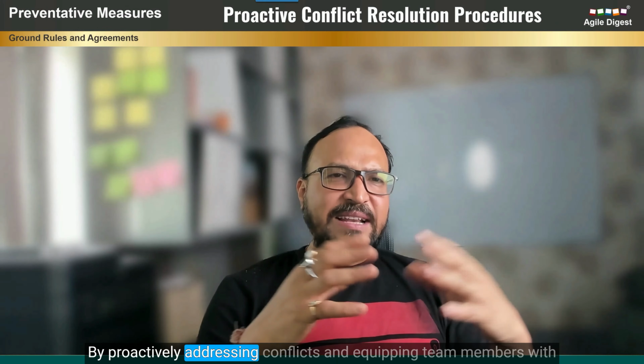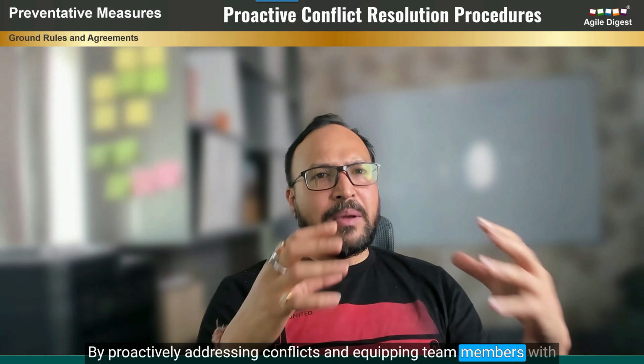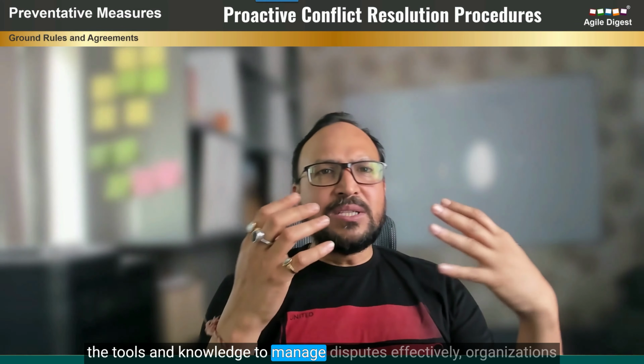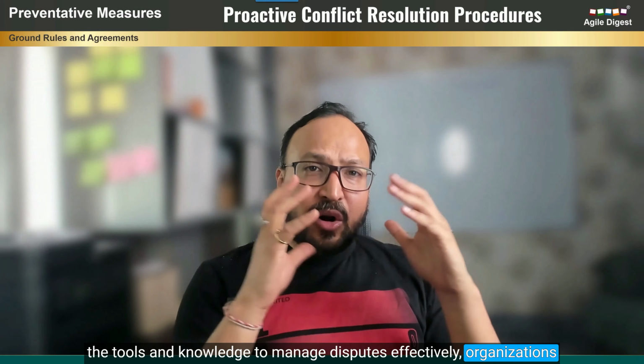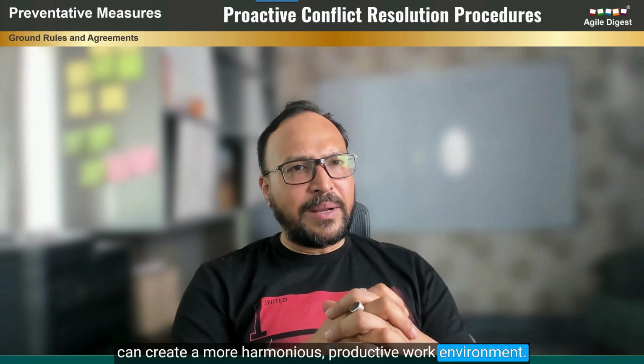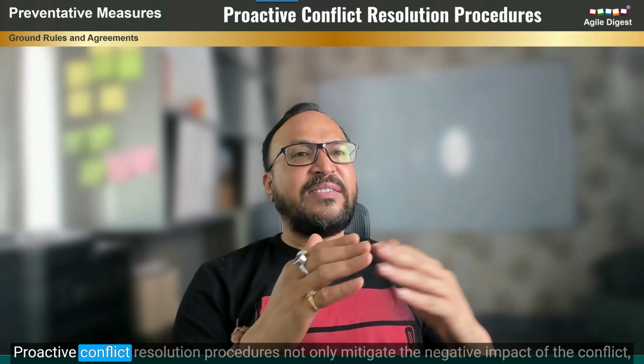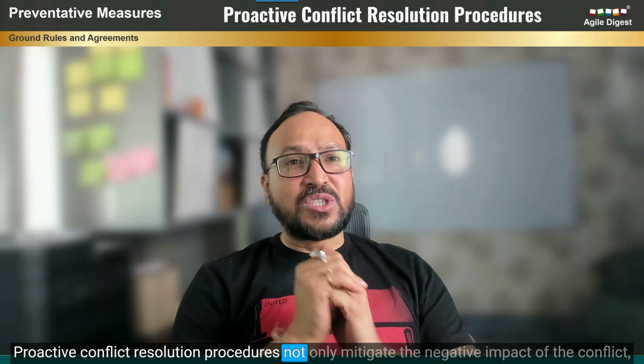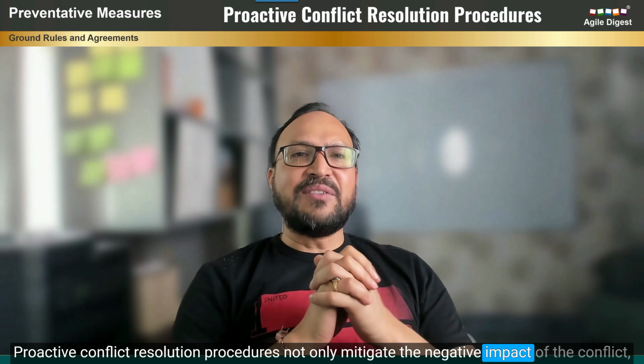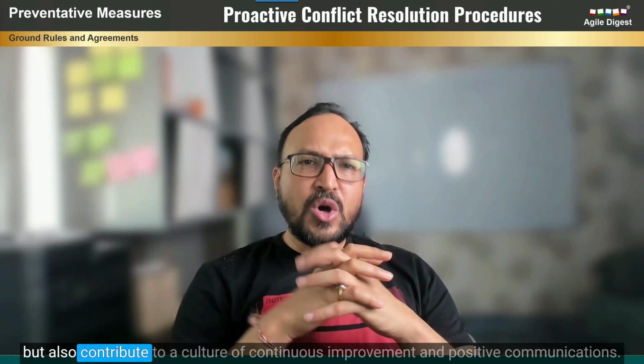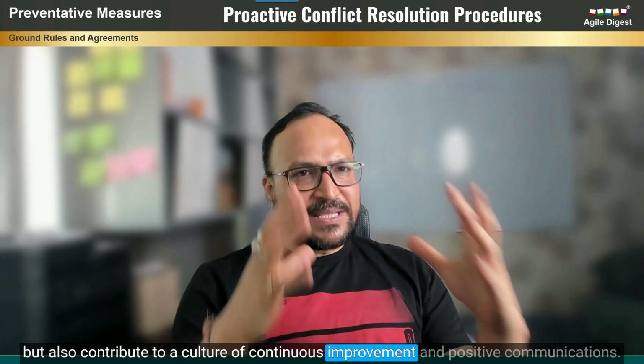By proactively addressing conflicts and equipping team members with the tools and knowledge to manage disputes effectively, organizations can create a more harmonious, productive work environment. Proactive conflict resolution procedures not only mitigate the negative impact of conflict but also contribute to a culture of continuous improvement and positive communication.